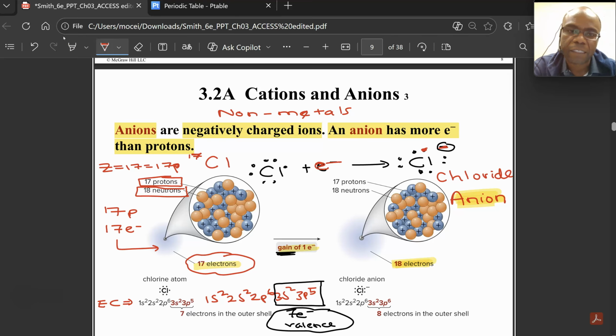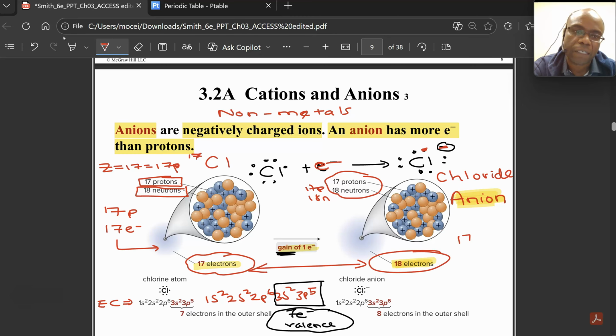Anions are negatively charged species. You can tell that the number of protons and neutrons did not change at all. We started with 17p, 18n, and we still have 17 protons and 18 neutrons. The only thing that changed was the number of electrons. Now we have 17 protons versus 18 electrons.